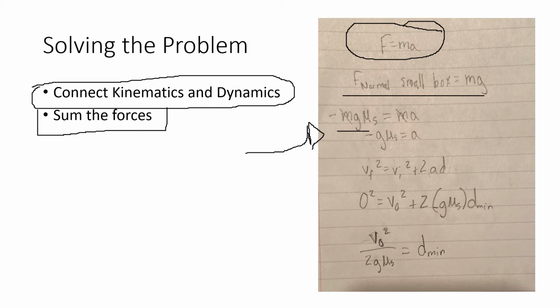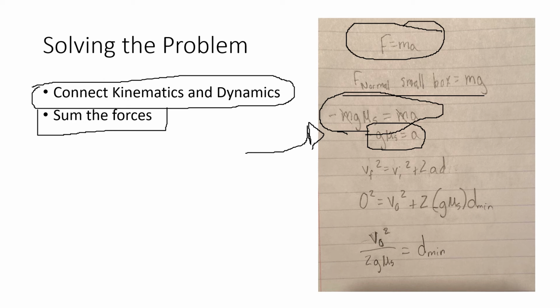So doing a little bit of algebraic manipulation with g being negative in the negative direction, we cross out the m's because there's masses on both sides, and we get the acceleration value to be g times the coefficient of static friction, equals the acceleration that the block can basically have without falling off.